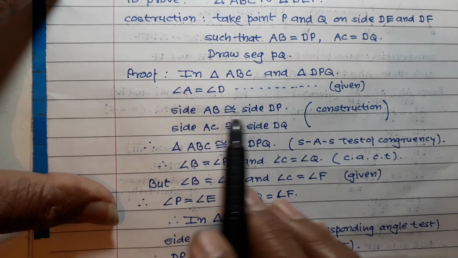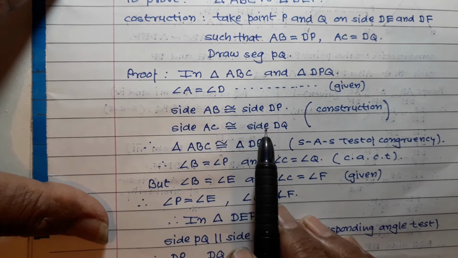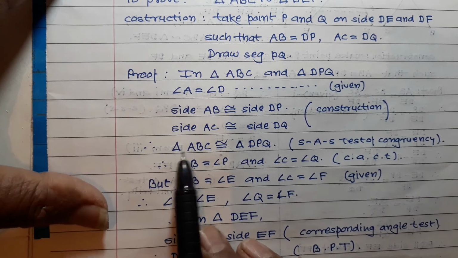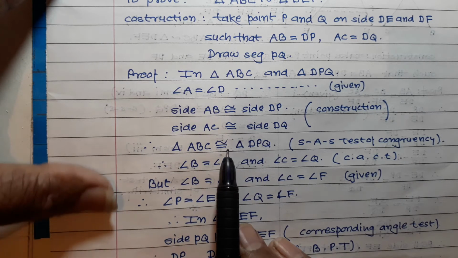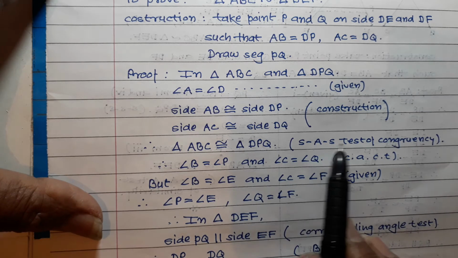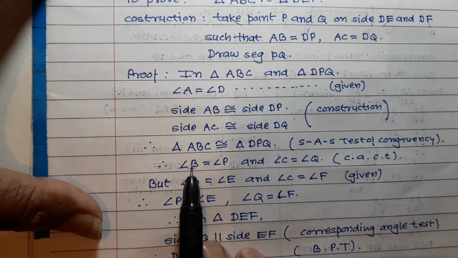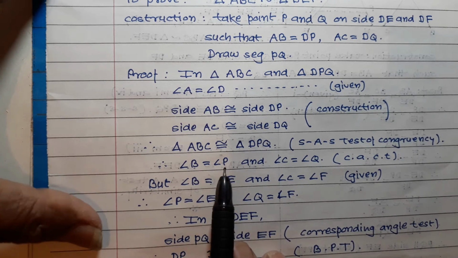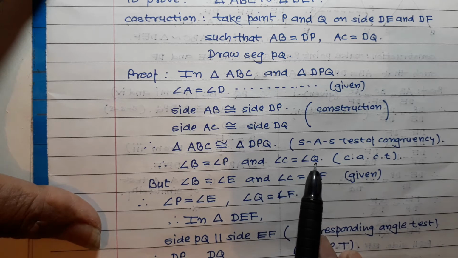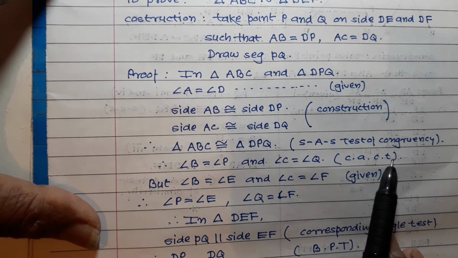Side AB is congruent to side DP, side AC is congruent to side DQ, by construction. Therefore triangle ABC is congruent to triangle DPQ by the SAS test of congruency. Therefore angle B is equal to angle P and angle C is equal to angle Q, corresponding angles of congruent triangles.